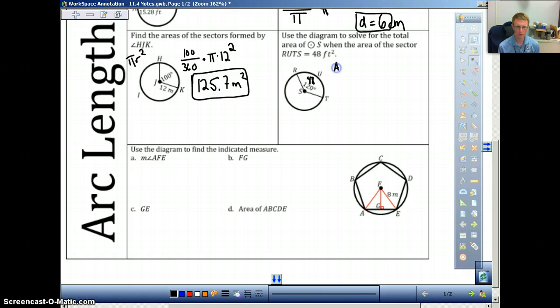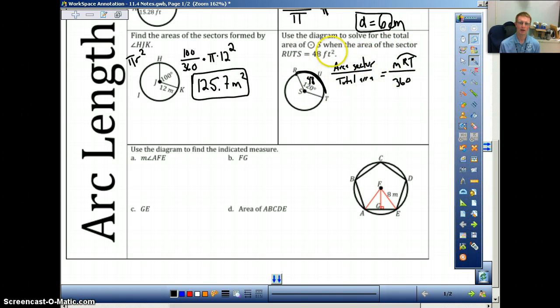So we're going to say area of sector over total area equals the measure of RT, that's the arc measure, over 360. That's just a normal formula. That's the formula that's on the front page. If we were to go back, this is what we're using in all of these.